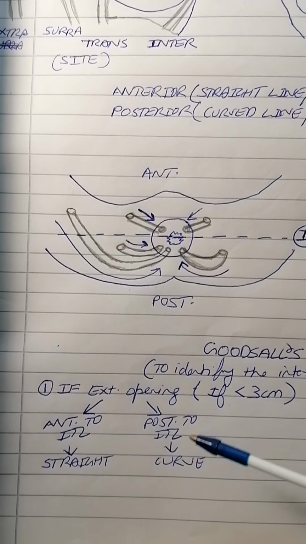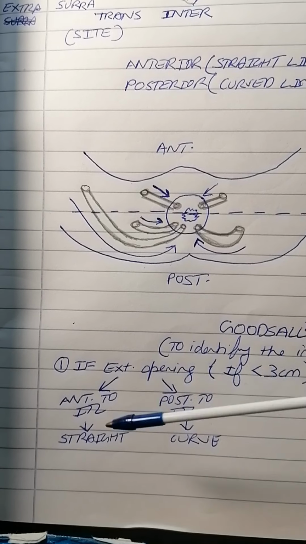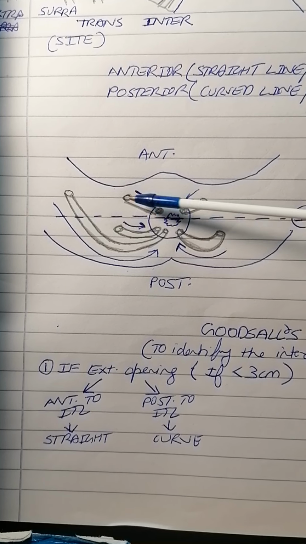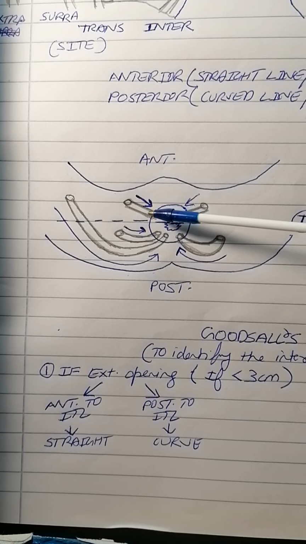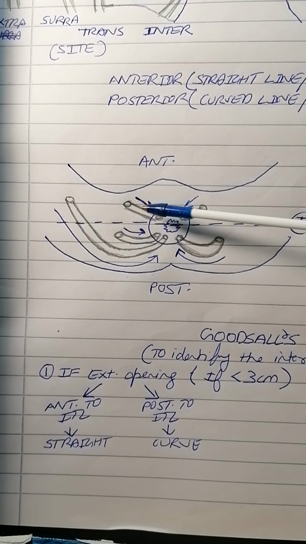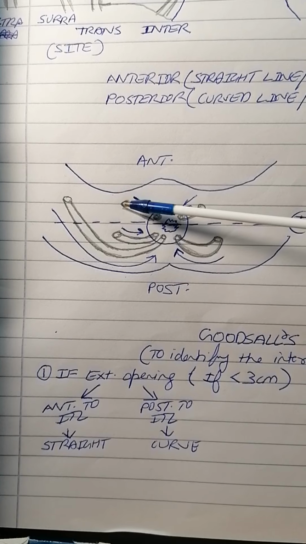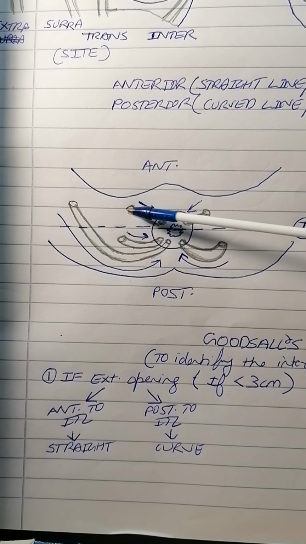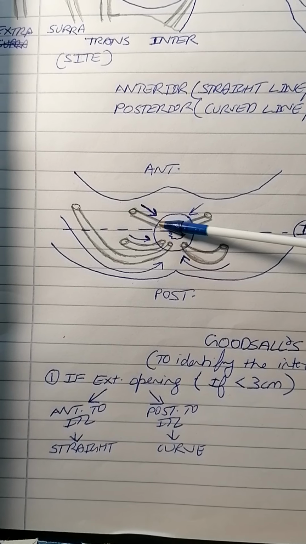Here you can also read: if the external opening is less than 3 centimeters from the anal region, then if it is anterior, it would be straight.